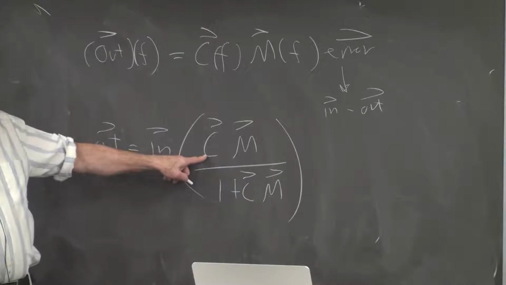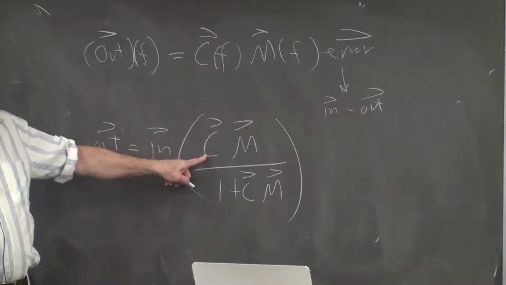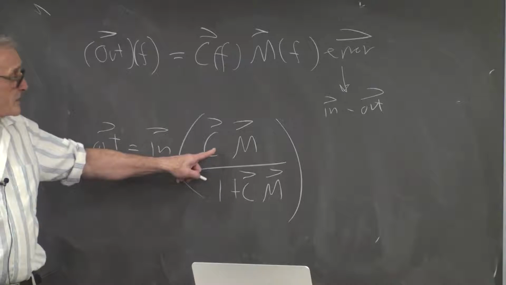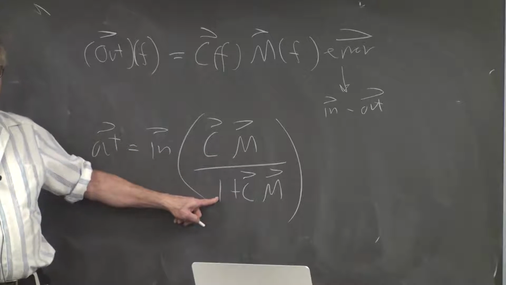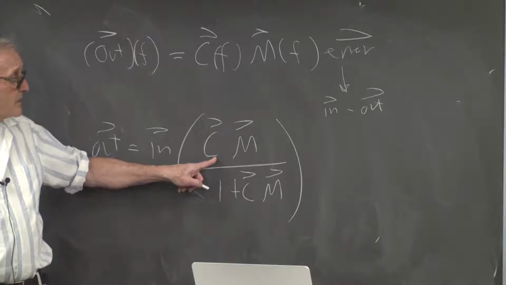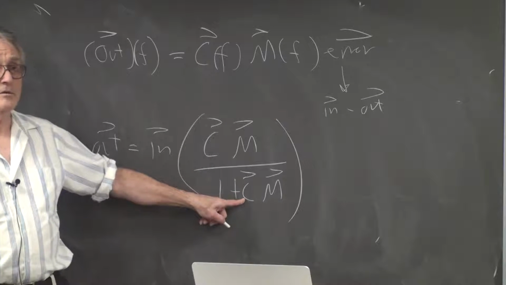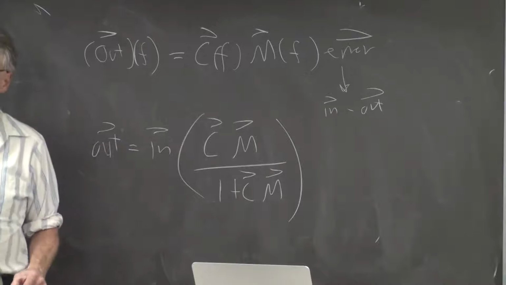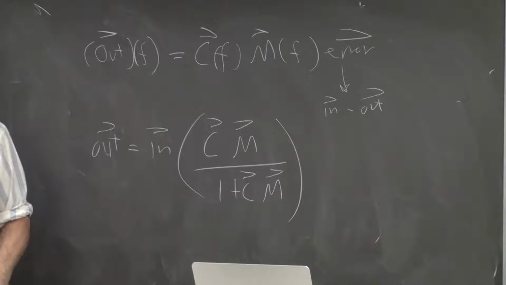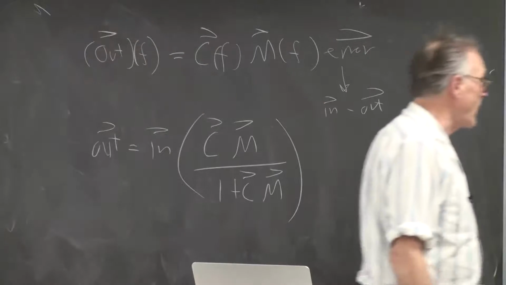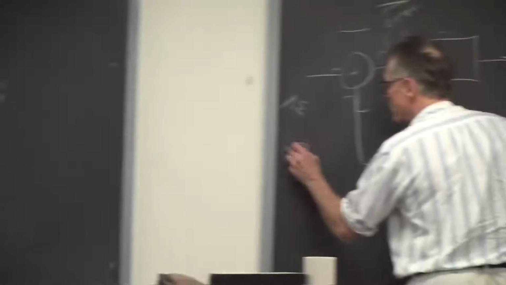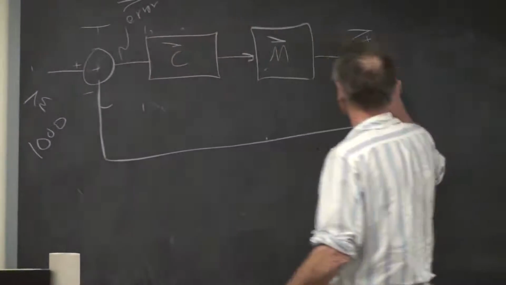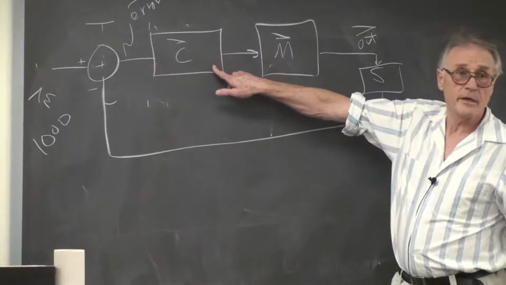But if you increase C to a large value so that C times m is much bigger than 1, then C times m over C times m goes to unity, and the output is exactly equal to the input. That says that if you specify, I want 1,000 RPM here, that is what you'll get out, as long as the gain is great enough.